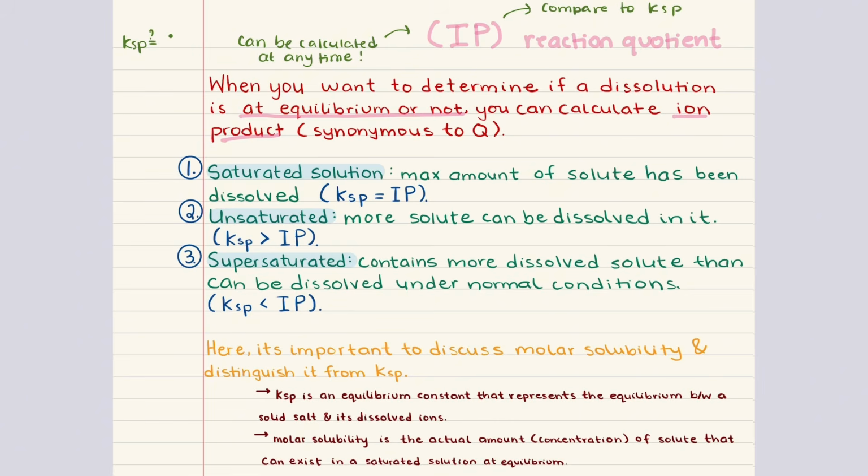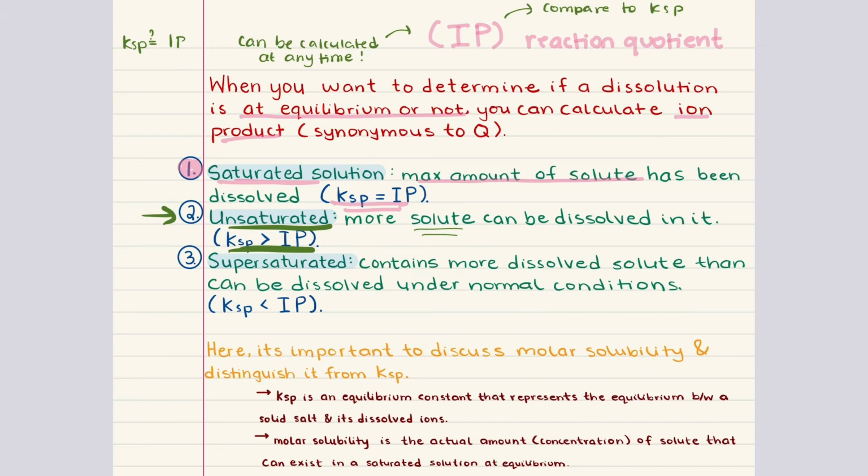If the ion product is less than KSP, the solution is unsaturated. This means more solute can dissolve until equilibrium is reached. If the ion product equals KSP, the solution is saturated, and at this point, the solution contains the maximum amount of solute possible, and dissolution is in dynamic equilibrium with precipitation.